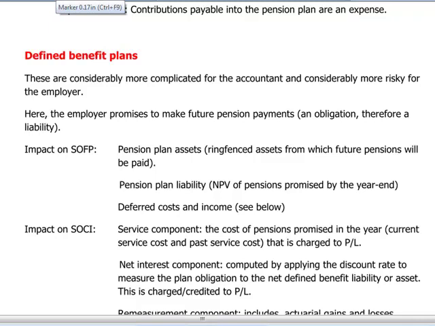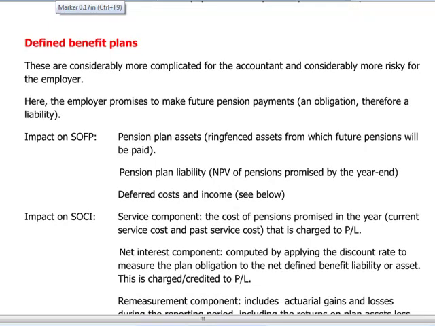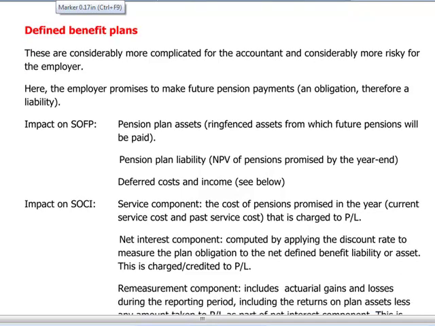Therefore the risk lies with the employer. If the pension fund does not have enough assets to pay pensions to the pensioners, then the company will have to come up with the difference to pay the pensions. There is an impact in the statement of financial position.